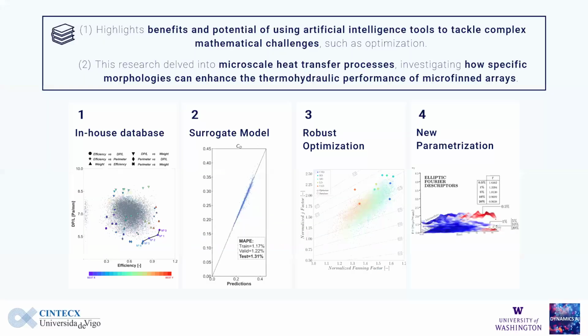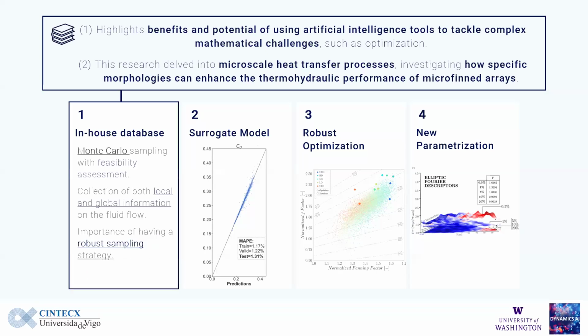And these are some general conclusions of the overview of this research. We've proved the potential of using artificial intelligence for a complex mathematical problem such as parameterization of these complex shapes, also for a real application of a complex engineering problem. We constructed our in-house database, which is a good proof of concept case to start with.